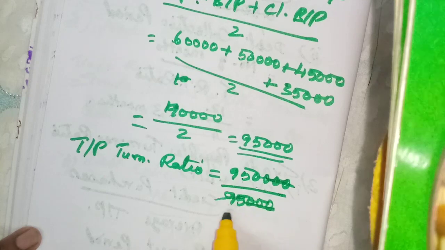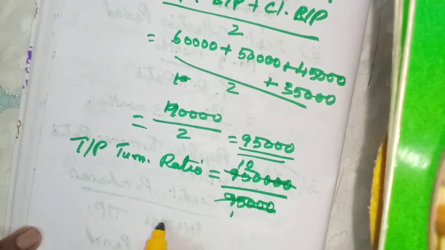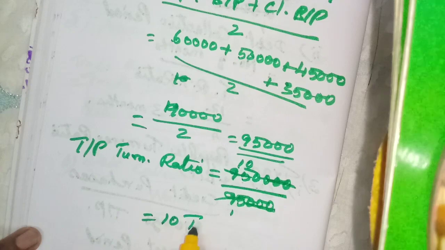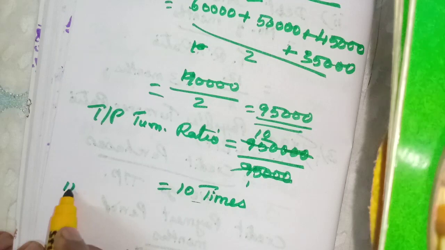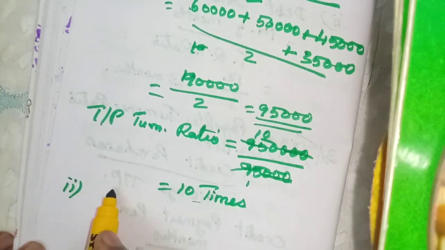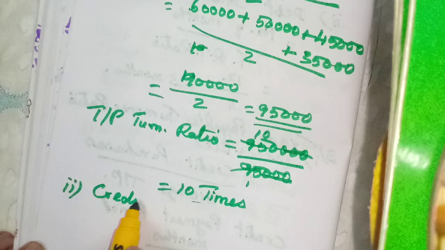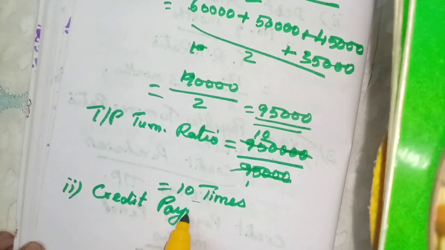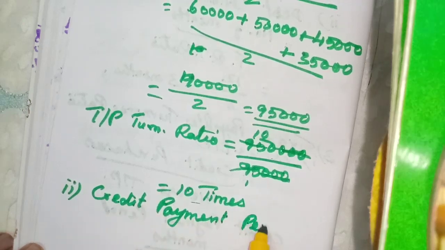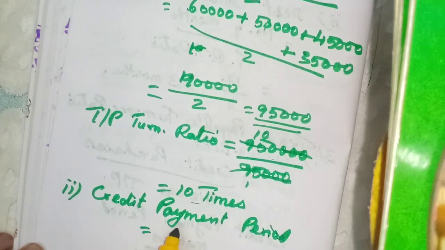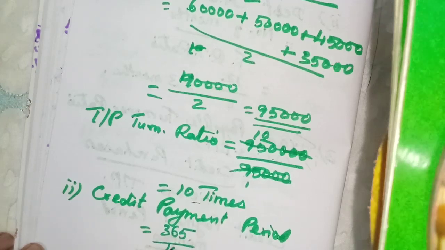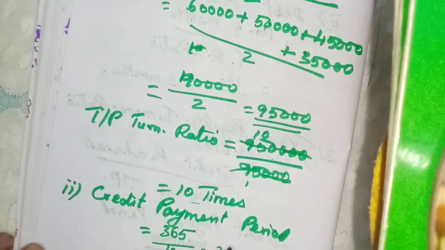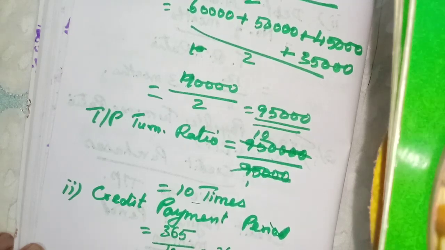So it is 10 times. Then what is the next part? Credit payment period. Credit payment period is equal to the number of days in the year, 365, divided by 10. So how many days? 36.5 days.